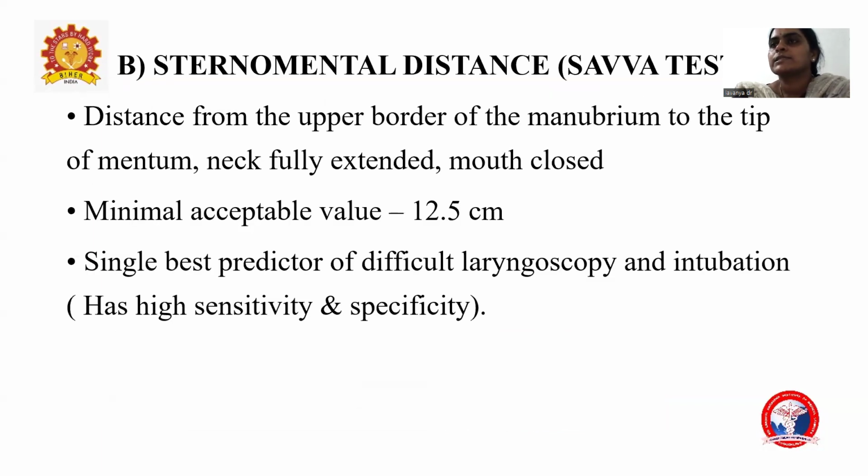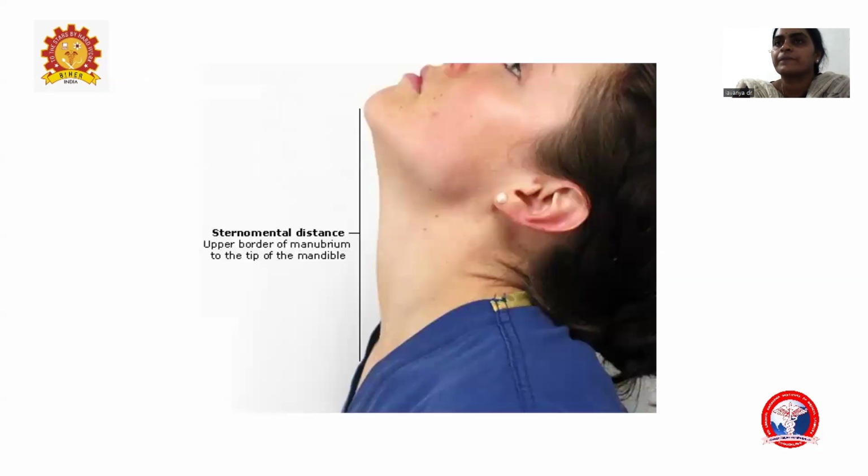Then the sternomental distance or the Savva test. It is the distance from the upper border of the manubrium sterni to the tip of the mentum when the neck is fully extended and the mouth closed. The minimal acceptable value for this is 12.5 centimeters. It is the single best predictor of difficult laryngoscopy and intubation, with high sensitivity and specificity.